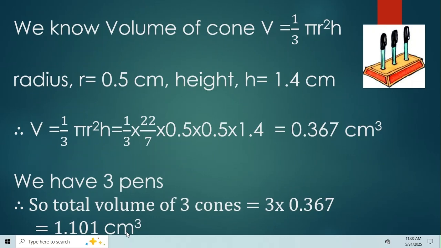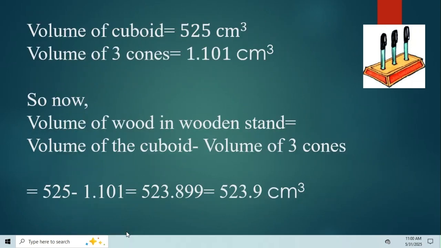Now, as already stated, the volume of the wood in the wooden stand will be equal to the volume of the cuboid minus the volume of 3 cones. So 525 cubic centimeters is the volume of the cuboid and 1.101 cubic centimeters is the volume of 3 cones.